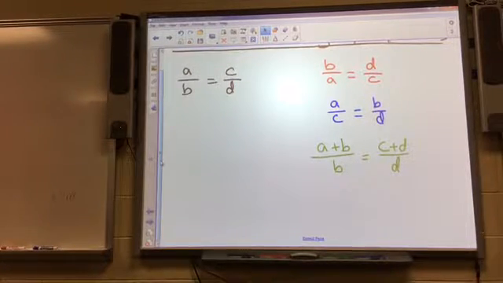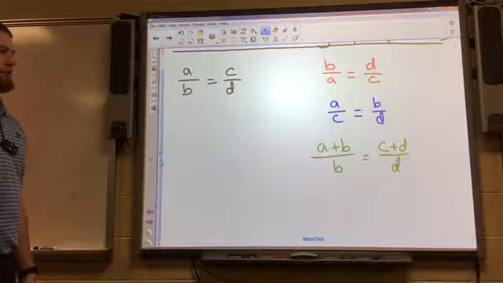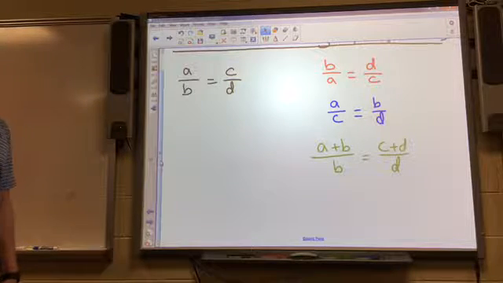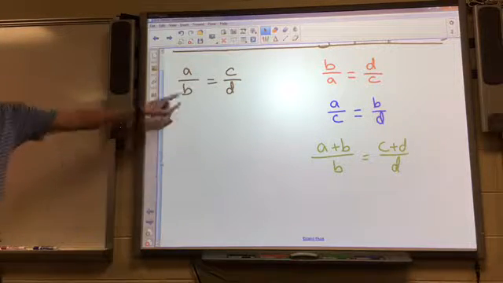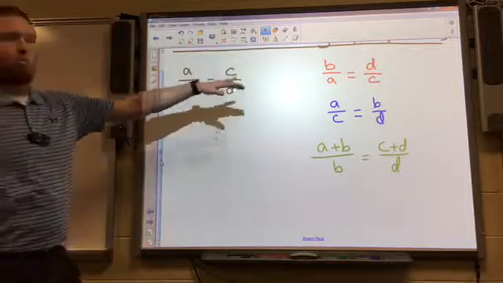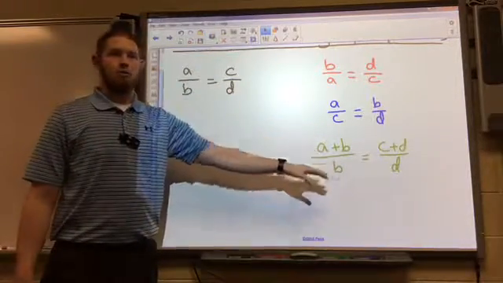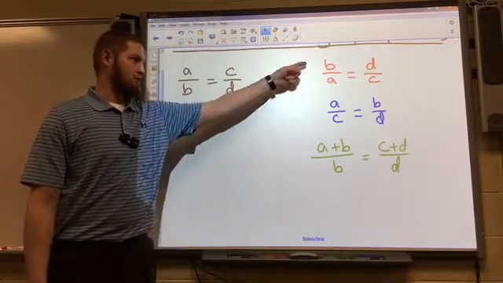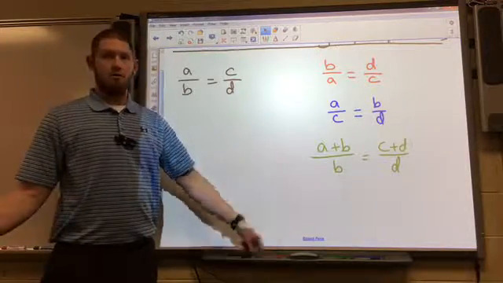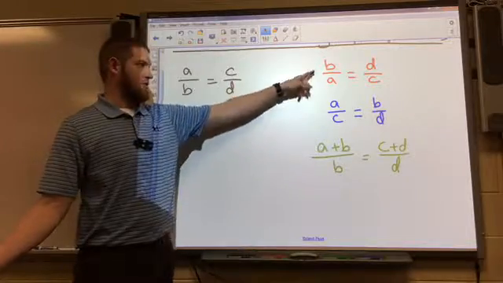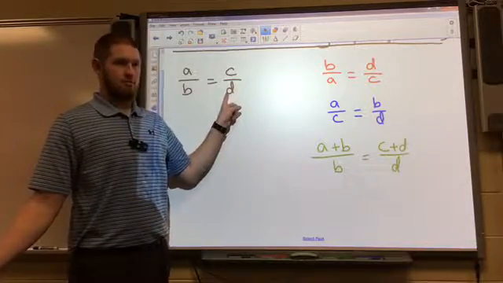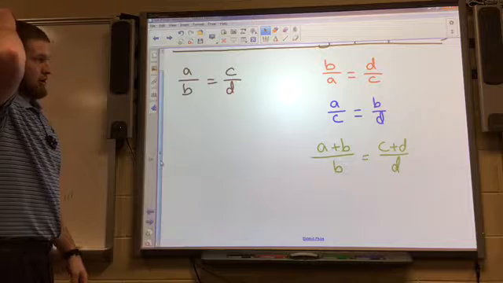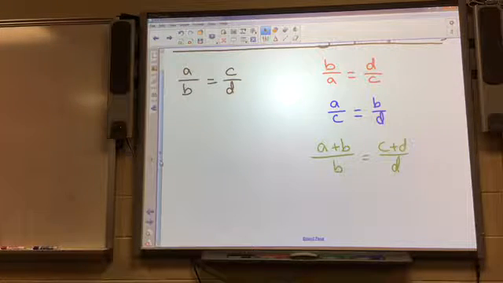Or they're going to ask, which of the following is not equal to this? And then they're going to give you a whole bunch, and you're going to have to tell me which one is not the same. So they're going to give you for sure these three. You're going to have to understand that these three things are all the same as this. So be aware of that. That will be on your test.